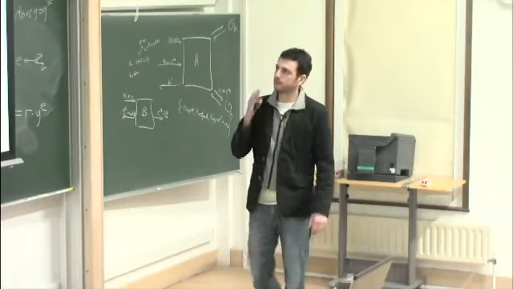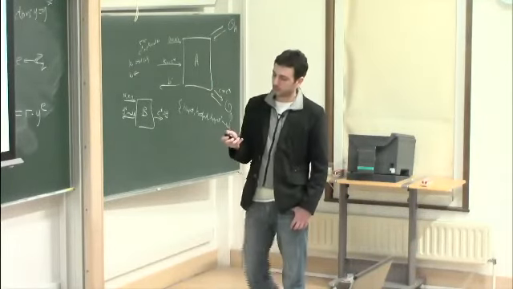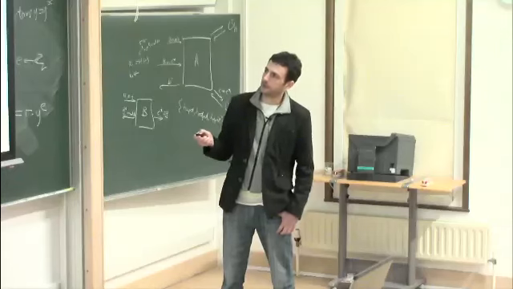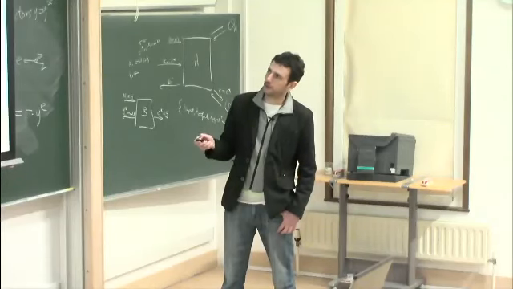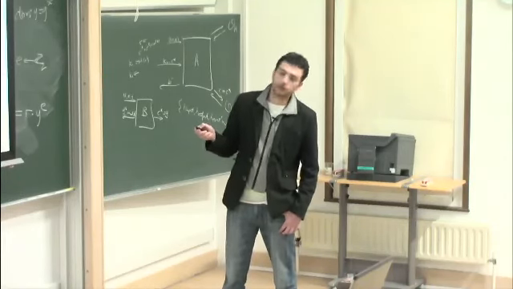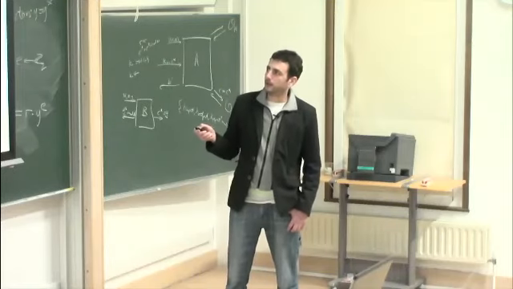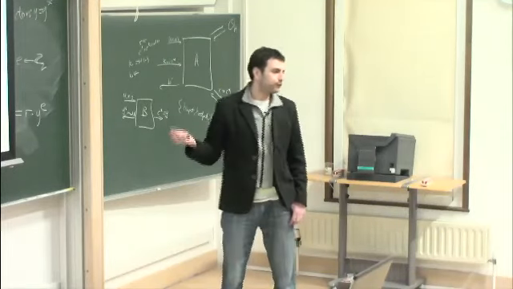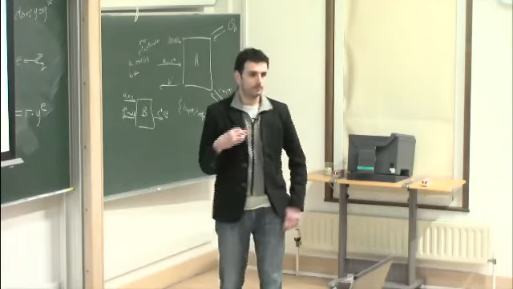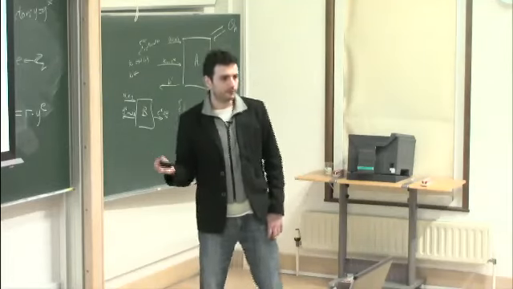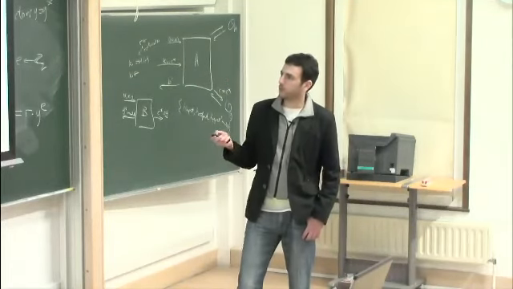But this is not always the most natural way to do things. For example, if you do this for this notion, you get something which is equivalent to this, which is not what we wanted. In particular, it's not transitive. It doesn't model a reduction for complexity. So it's not what we want.